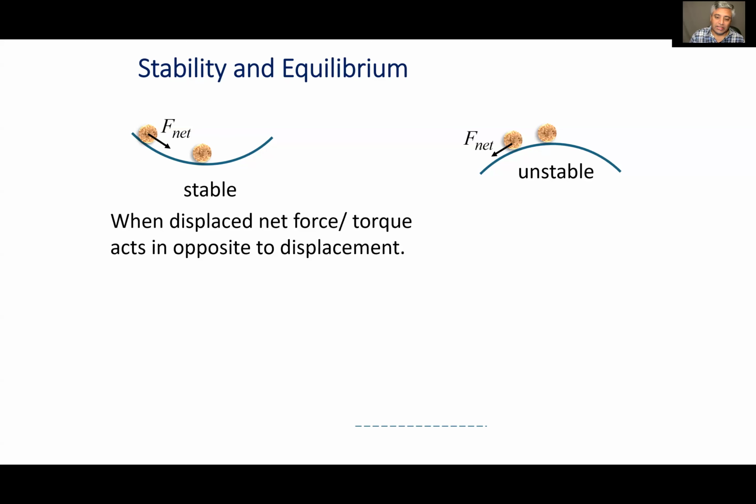Okay. So equilibrium, we said for the translational equilibrium, when net force is 0, then the object is in translational equilibrium. And when net torque is 0, then, so this is translational equilibrium, by the way.